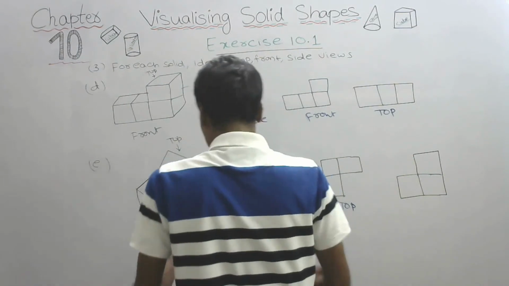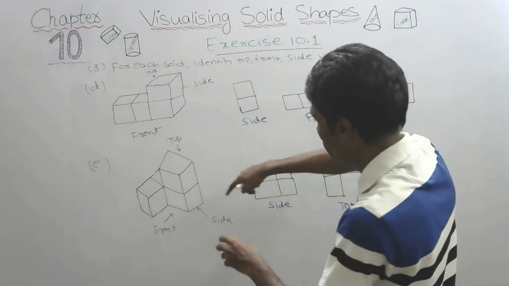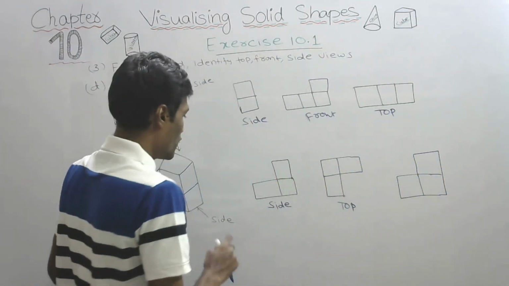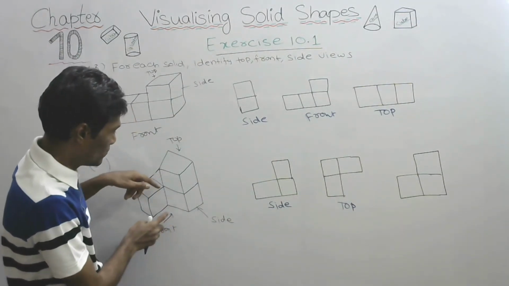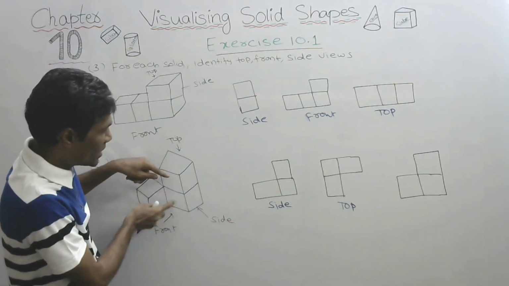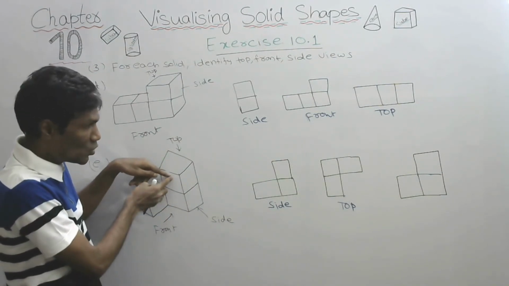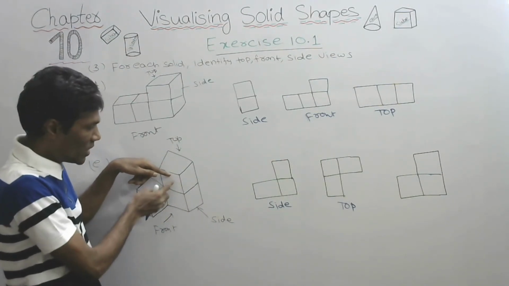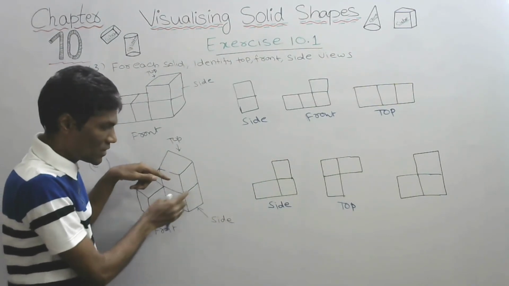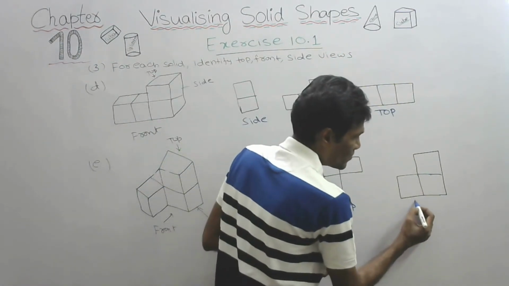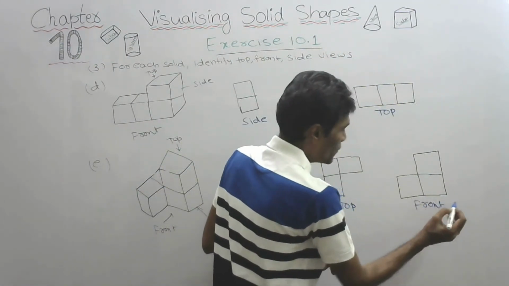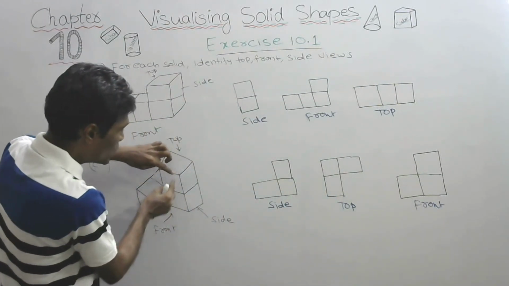And last, when you see from the front, how will it be? See, these two are there, not this. From here we are seeing these two and one. So this is front view. But if you observe front, this two and one.